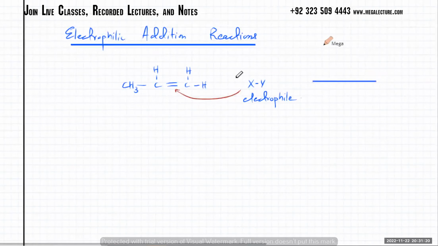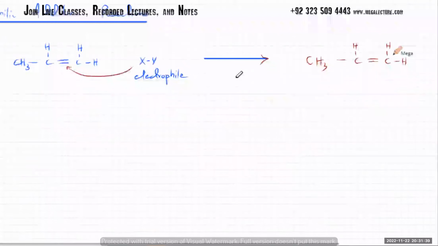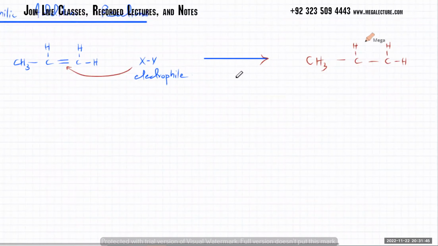This is the only product that's going to be formed: the molecule remains exactly the same except that the double bond goes away, because somebody steals those electrons. So there might be an X and a Y that will be trying to gain those electrons.